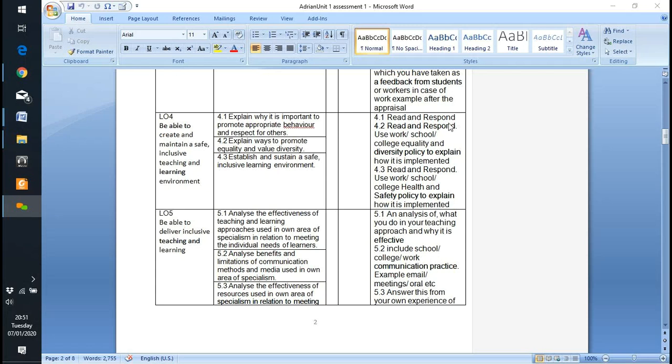There is some material on the VLE to read on promoting appropriate behaviour and dealing with behavioural issues. Most schools have a policy with regard to difficult behaviour, I'll put it that way, and that could be just explained on why it's important to promote that and to show respect for others and how your policy meets that.